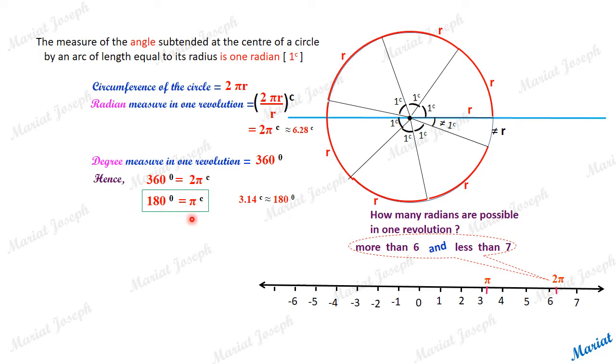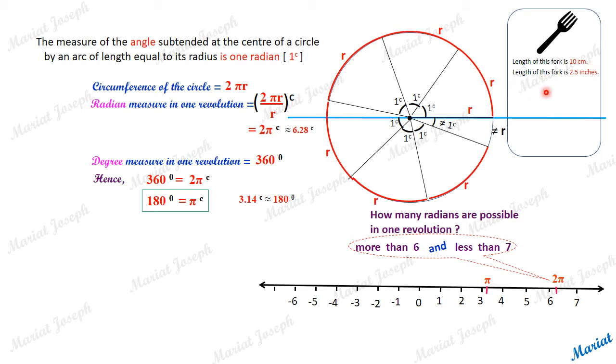Just to clarify that, let us take another example to understand. Here, for example, the length of this fork is 10 centimeters. The same thing could be said like this also: the length of this fork is 2.5 inches. That means 10 centimeters is equal to 2.5 inches. But do we ever say therefore 10 is equal to 2.5?